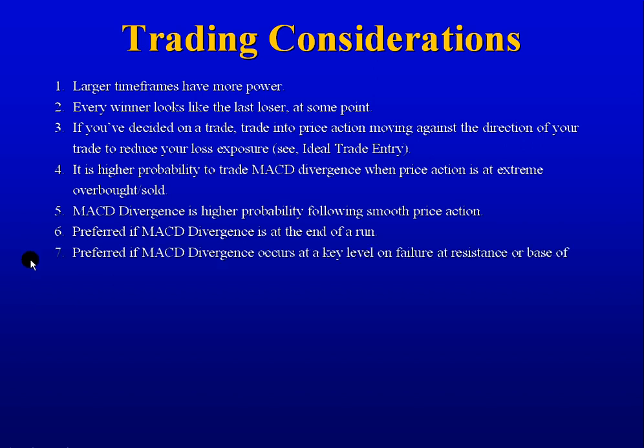It's preferred if MACD divergence occurs at a key level on failure at resistance or base of support. And now we're bringing in these other factors, the MACD, just to give you a bit of a larger spectrum. But again, we're going to be covering these in more detail with our simulated scenarios as we incorporate all of the tools.